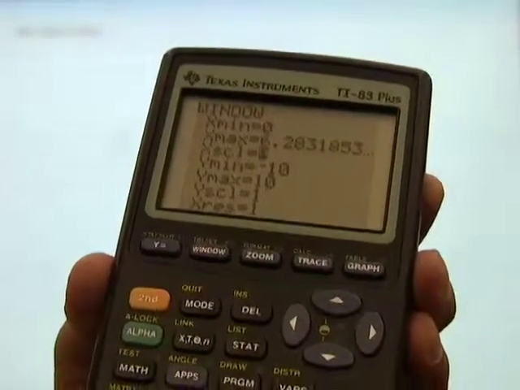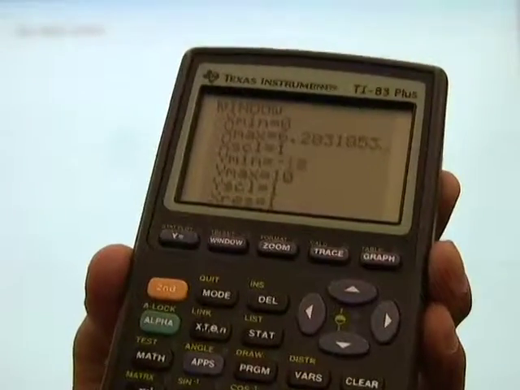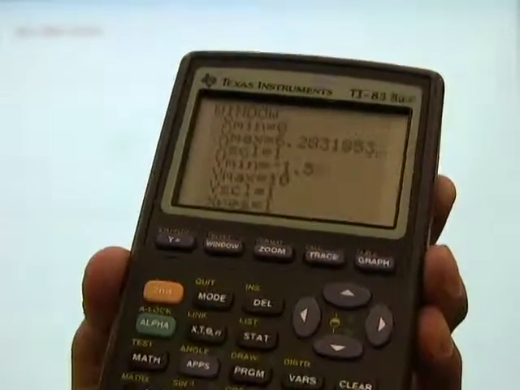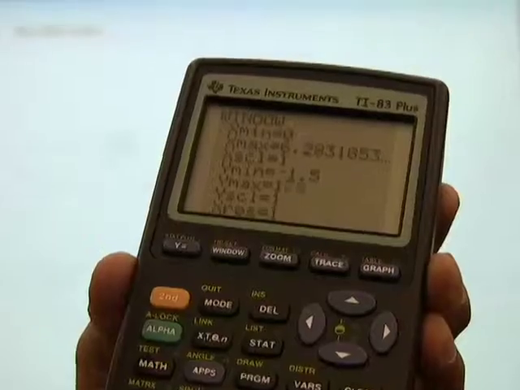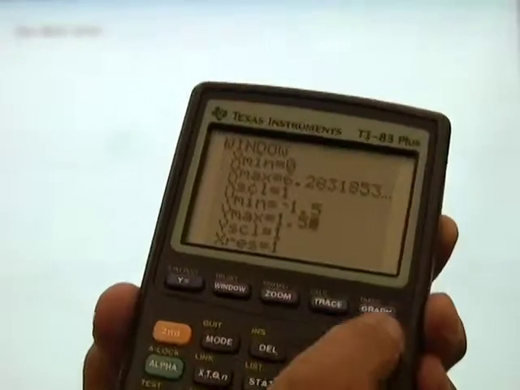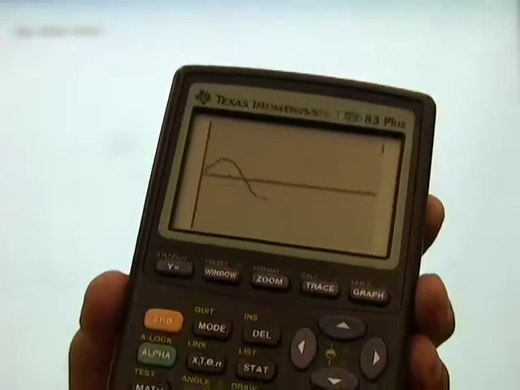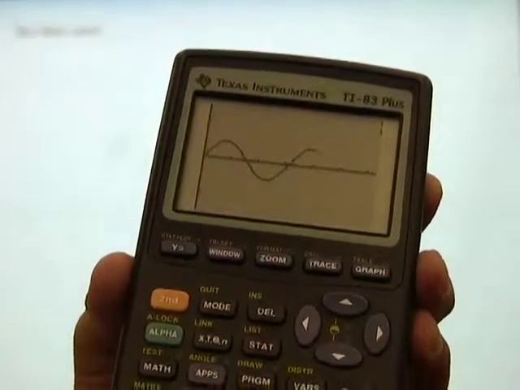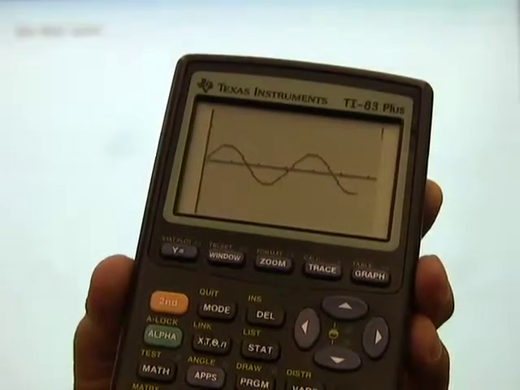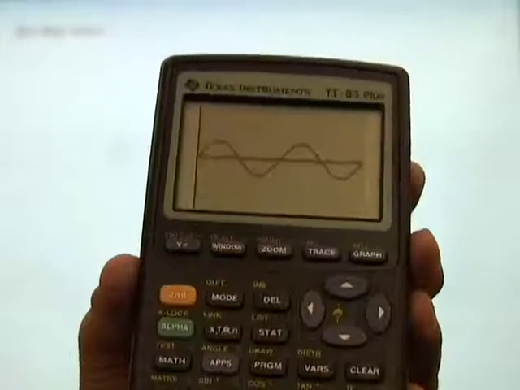And for y minimum, let's say negative 1.5 to positive 1.5. Will that be okay? Let's graph it. There you go. That's the graph that we just constructed. Is that right? All right.